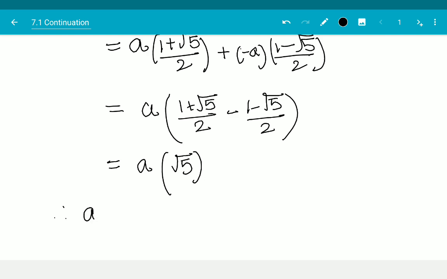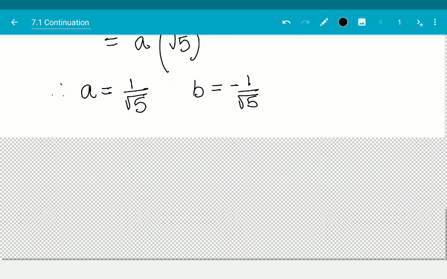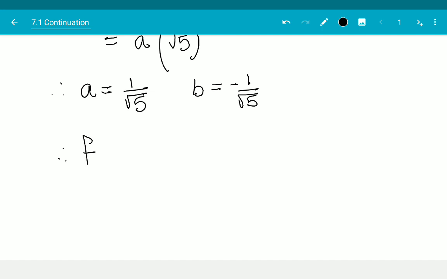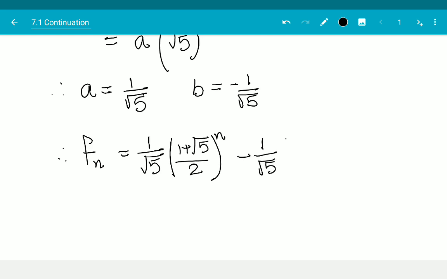And therefore, I get a is equal to 1 over square root of 5, and b is equal to negative 1 over square root of 5. And therefore, f_n is equal to 1 over square root of 5 times ((1 + sqrt5)/2)^n, minus 1 over root 5 times ((1 - sqrt5)/2), all to the power n.